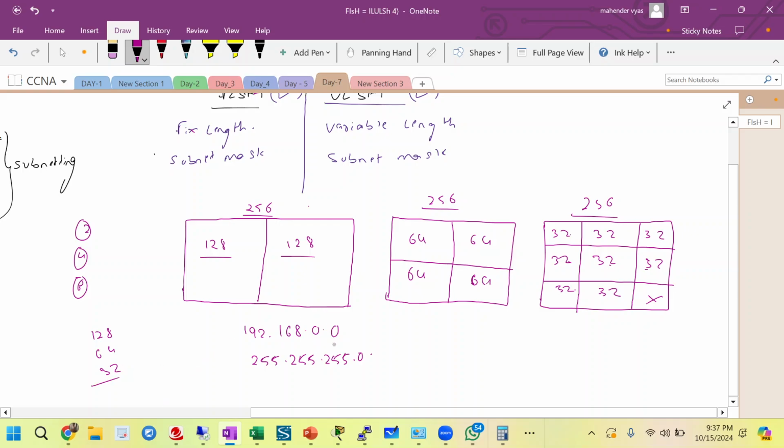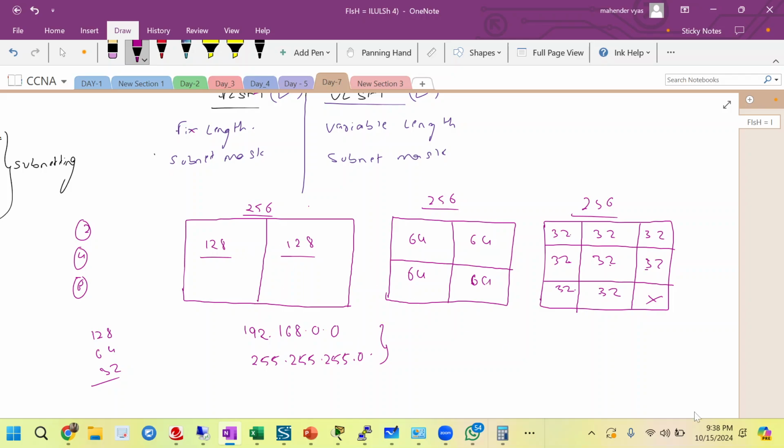Because I cannot use 128 users for one and then 64 for another, that I cannot do. We call it FLSM because one particular address we need to divide into equal parts. 256 addresses divided into two parts gives 128 and 128, or into four parts gives 64 each.